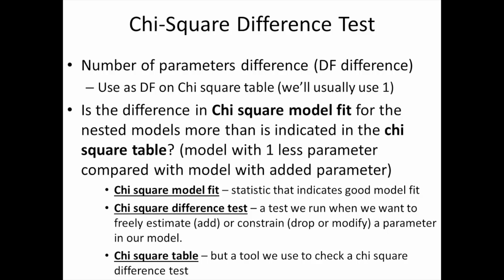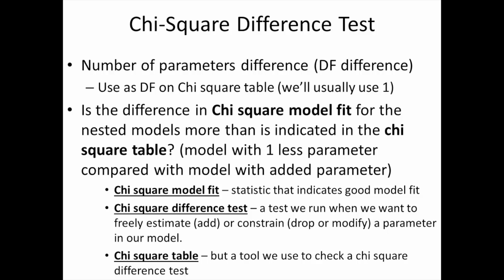Usually we do one parameter at a time. Actually, I'm going to contradict what the slide says, because a lot of times with measurement invariance, we will do groups of parameters. So we'll do factor loadings for one construct, or observed variable intercepts for one construct, or error variances for one construct, and that may involve more than just one parameter.